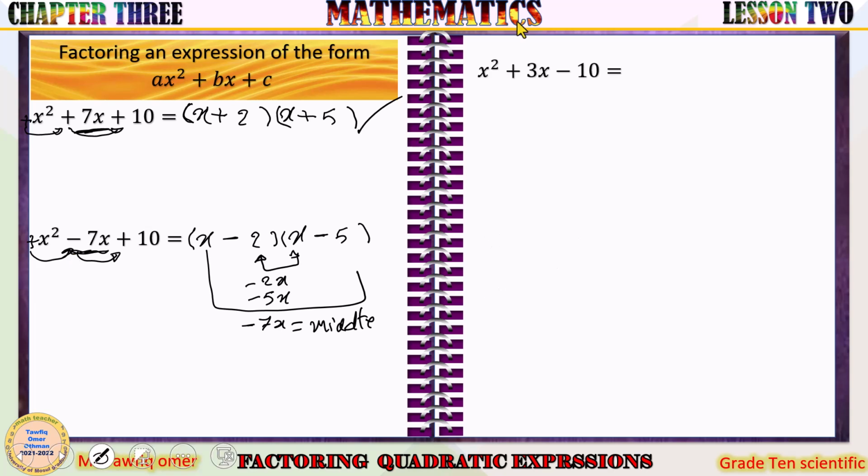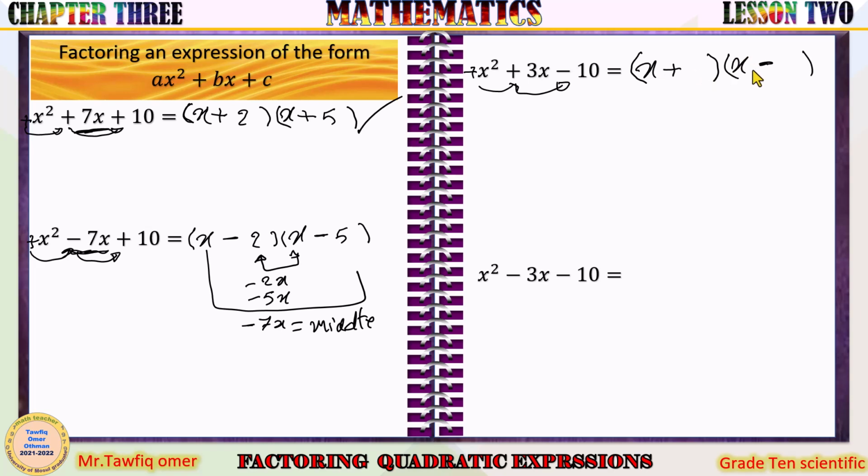Let us take another example, and now open two brackets. Plus times plus is plus, and plus times minus is minus, x. This time the signs of the brackets are different.